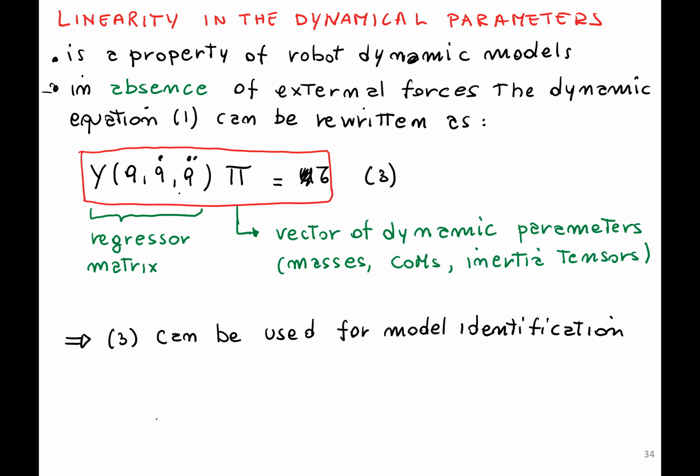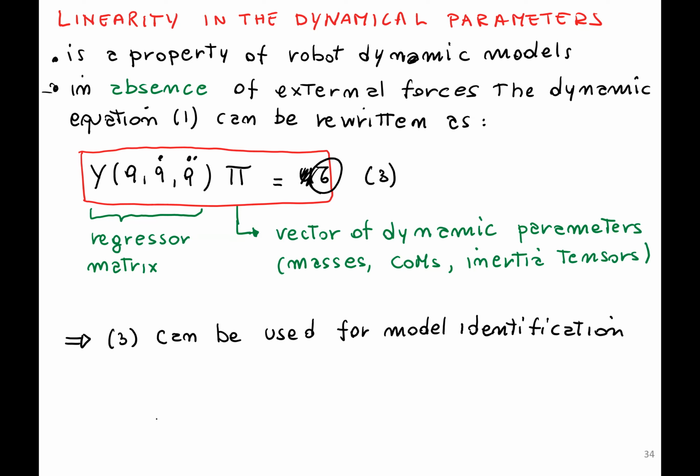And this way, we can do what is called model identification. Using this equation, we do some motions in the air with our robot. We measure the joint velocities, accelerations, and positions. We build the regression matrix. We also measure the joint torques for every instance.